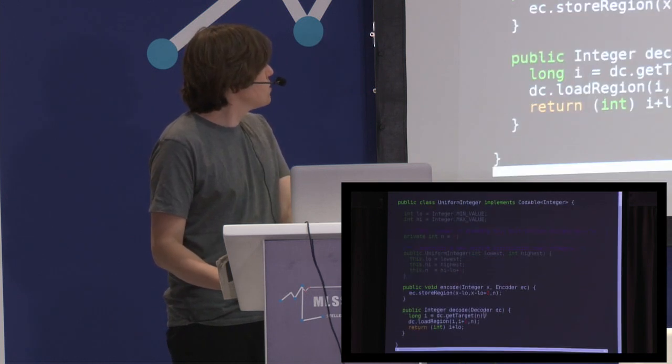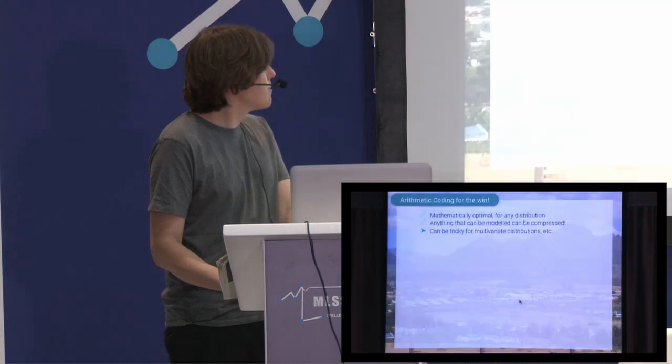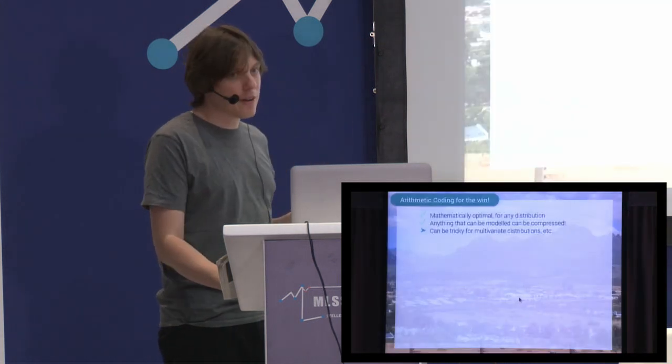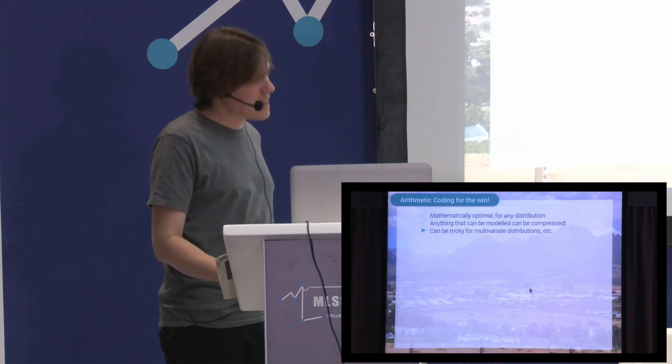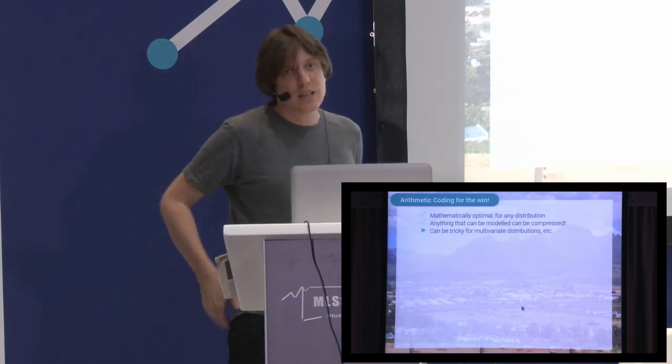Here's a way of doing this for a uniform distribution. Pretty uninteresting. It splits the interval into equal parts and decodes that way as well. Anyway, details. Happy to talk about it. Happy to give you code as well, but pretty exciting. So arithmetic coding is mathematically optimal, except that the bit where it ends needs a bit of extra care.